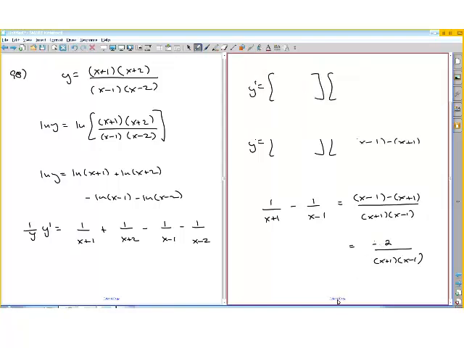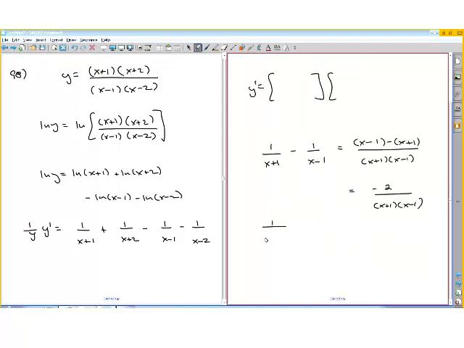And likewise, the other group, which is 1 over x plus 2 minus 1 over x minus 2. Again, you can have this common denominator. And actually, there's one more step here, which I left out. If you multiply this thing out, the denominator just becomes x squared minus 1, because the inner and outer cancel out.